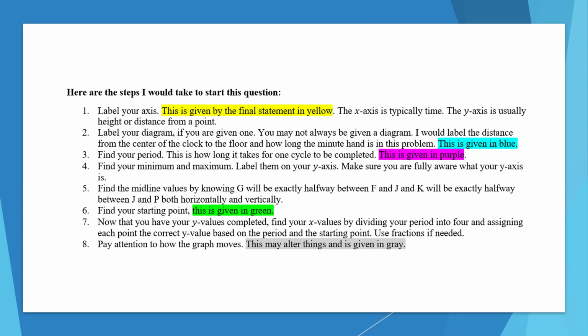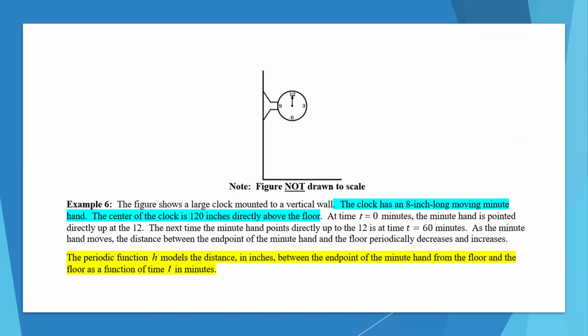All right. The next part is number 2. Label your diagram if you're given one. You may not always be given a diagram, as I said before, but I would label 2 things. I would label the center of the clock to the floor and how long the minute hand is. How long is the minute hand in the problem, and that's given here. We know the clock has an 8-inch long moving minute hand, so I would label this as 8 inches, and then from this to the floor would be 120 inches.